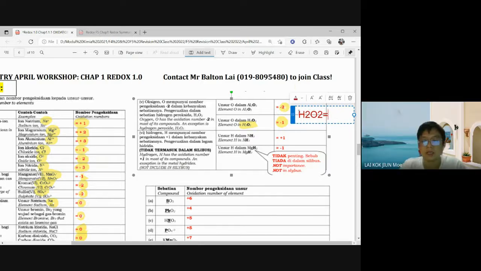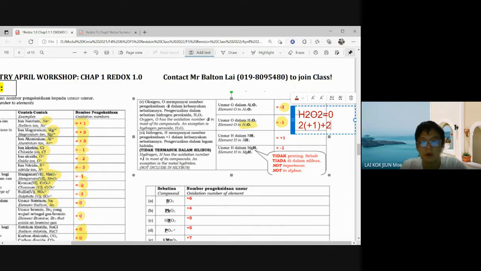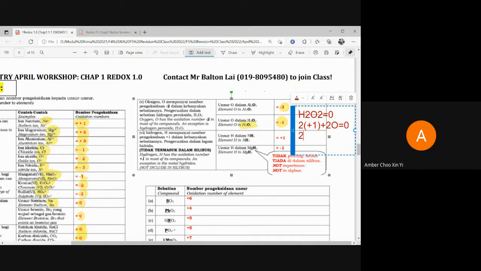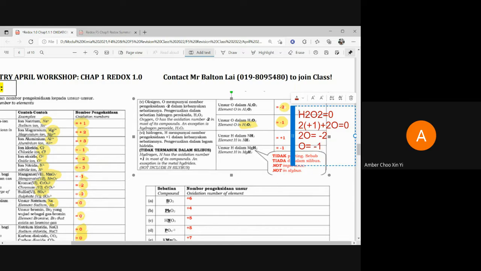So kalau kita nak test, hydrogen berapa charge? +1. So kita campur 2 O, tak tahu O tu berapa. So we test lah. So now we know already, +2, then 2 O equal to -2, right? So O equal to -1, then you get it already.